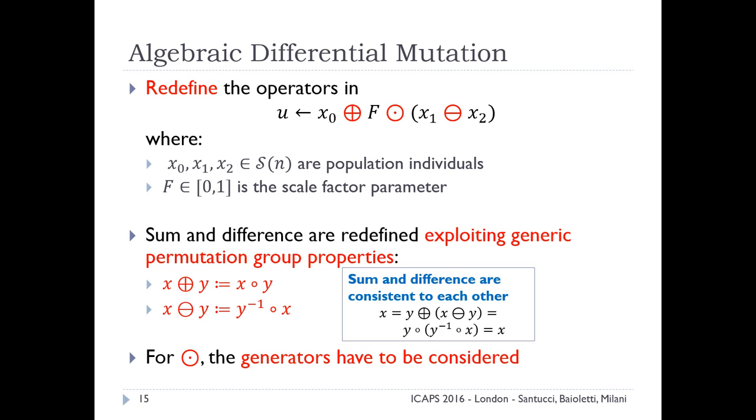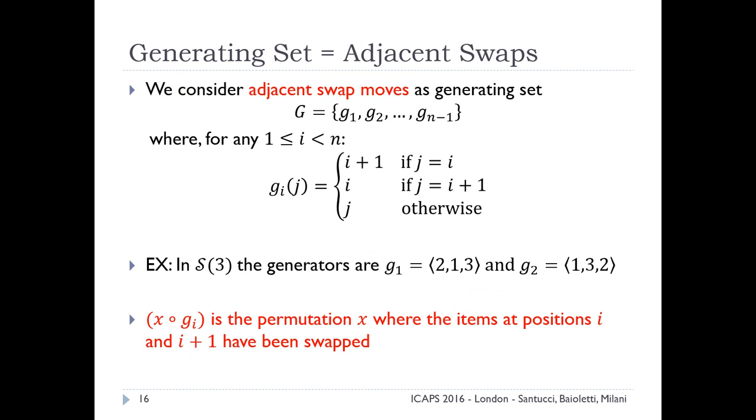So we don't need to consider here the generators, but the generators come into play when we want to redefine the multiplication operator. In the case of permutations, we can consider the generating set based on adjacent swap moves. What I mean, an adjacent swap move is simply an exchange between adjacent items in a permutation, and we can express this move with a permutation.